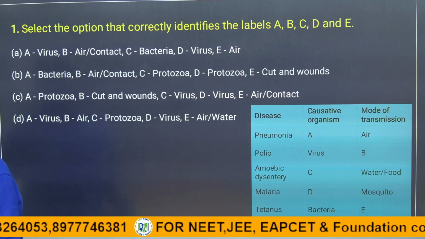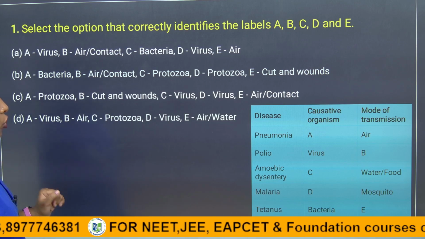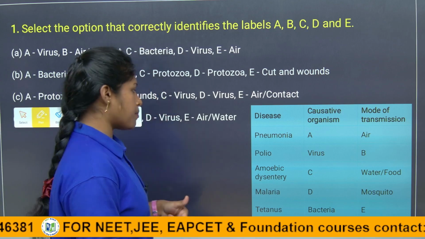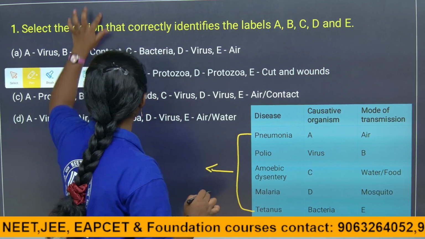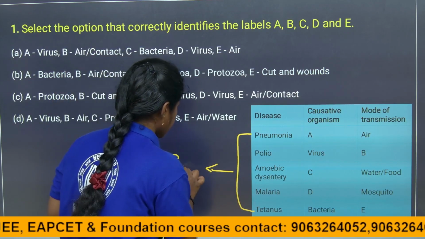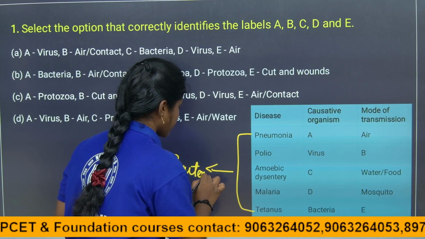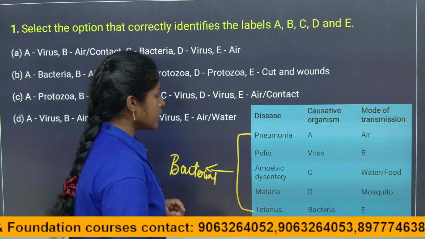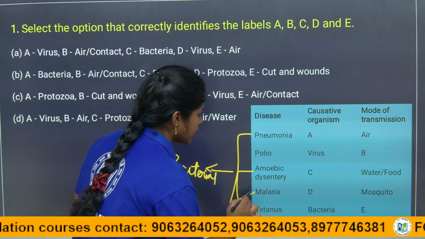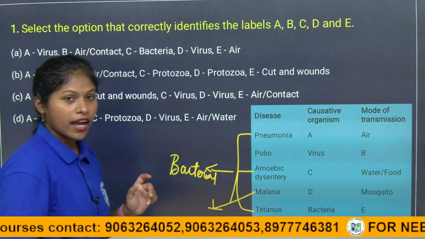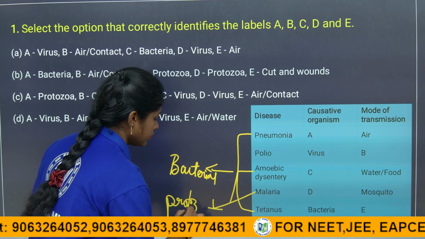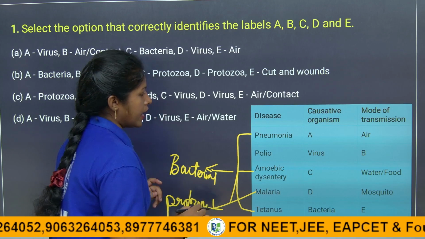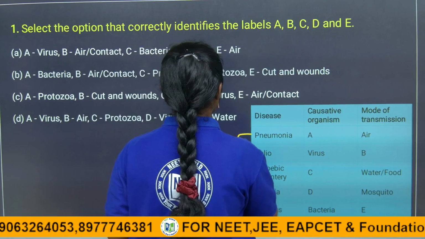Here, children, we know that pneumonia and tetanus are bacterial diseases, right? Amoebic dysentery and malaria are caused by protozoans, and polio is a virus.